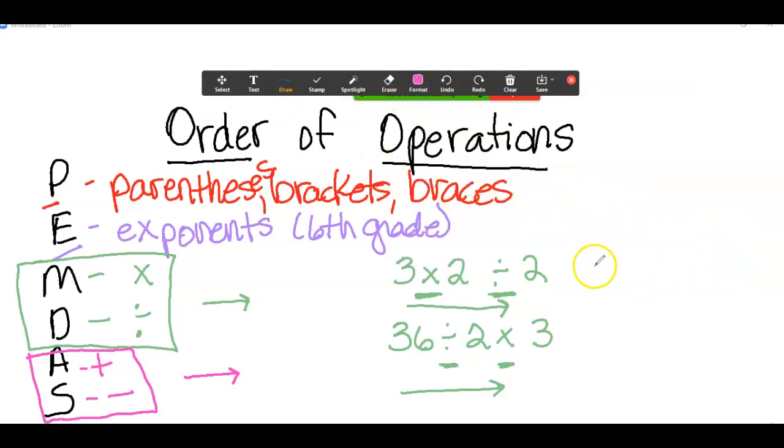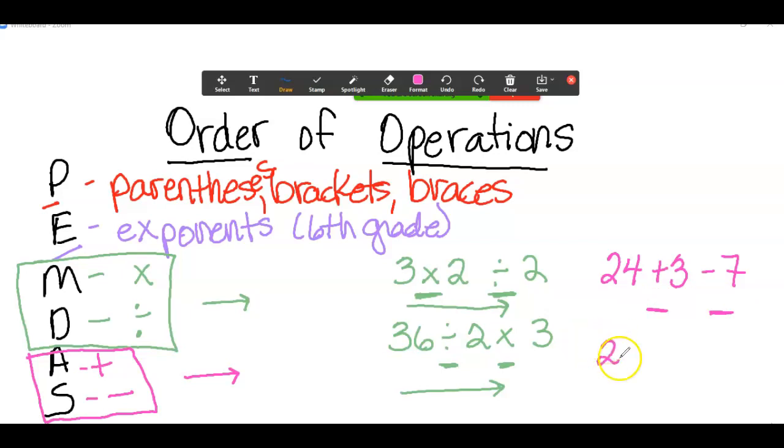All right, let's say I have 24 plus 3 minus 7. I'm again looking for both of them and I go from left to right. In this case, addition is first because it's on the left. Then I subtract.